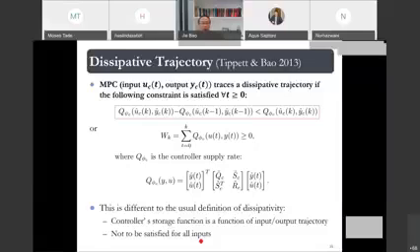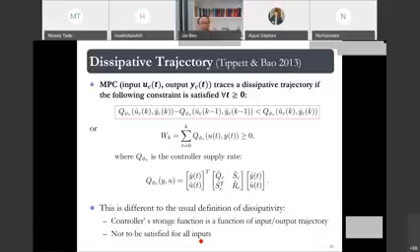Okay, let me briefly explain the idea of dissipativity-based multi-period control. I mentioned that there are two challenges. The first challenge is conservativeness. We solve that problem by introducing the dynamic supply rates, or QDF supply rates.